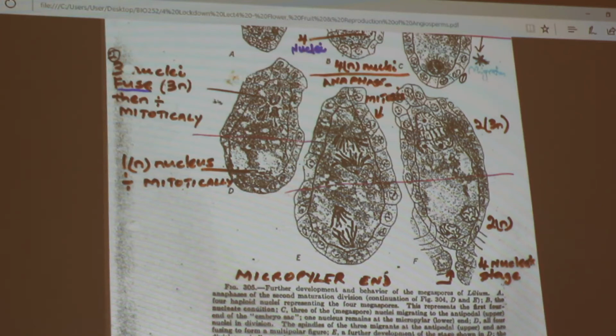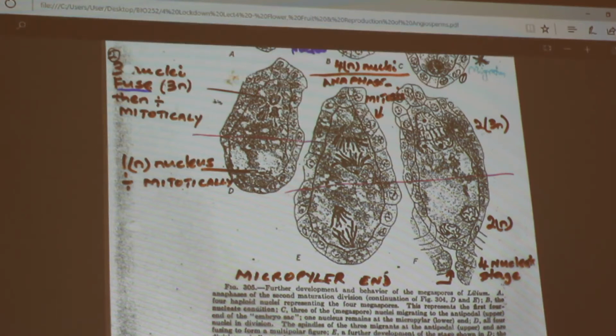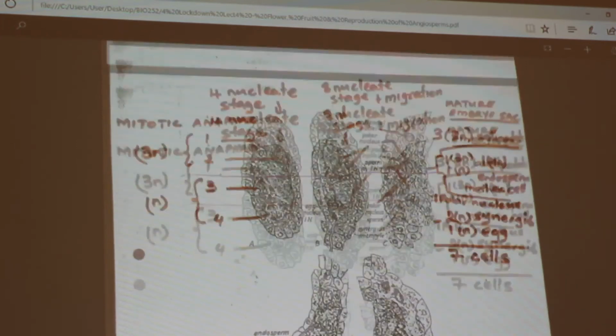This then goes through the mitosis I told you about, such that we continue, 2 cells, we have 4 cells. But note these 4 cells, 2 and 2. This one has a big nucleus, a 3N nucleus, and the other one has a haploid nucleus.